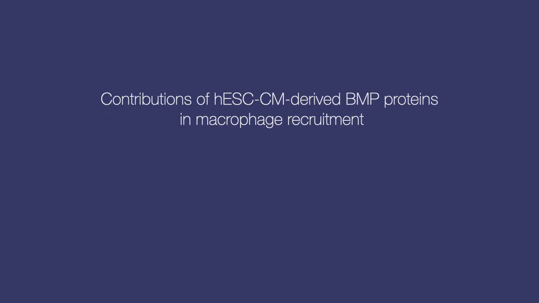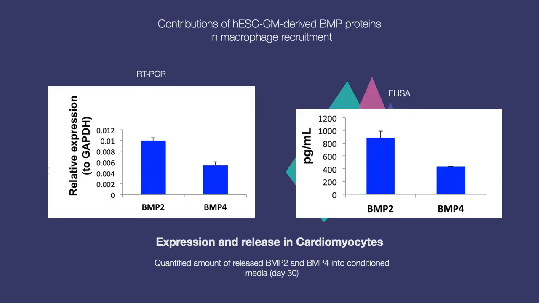Next, the authors looked at the contributions of cardiomyocyte derived BMP proteins in macrophage recruitment. So these were quantified at day 30, and they both quantified the release of BMP2 and BMP4 into conditioned media.